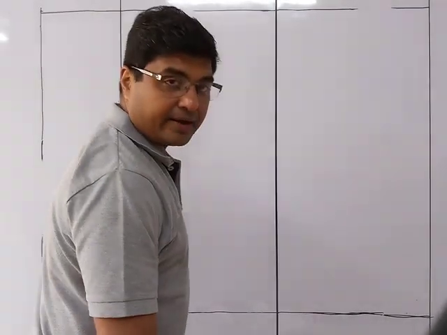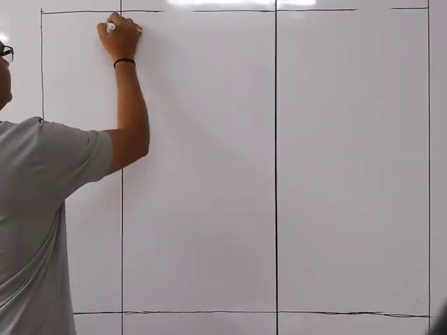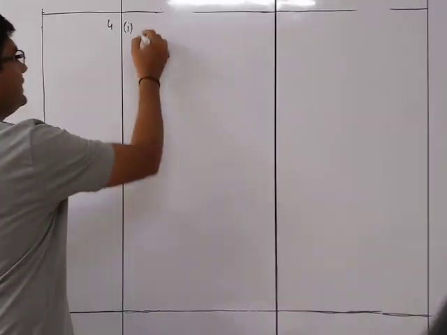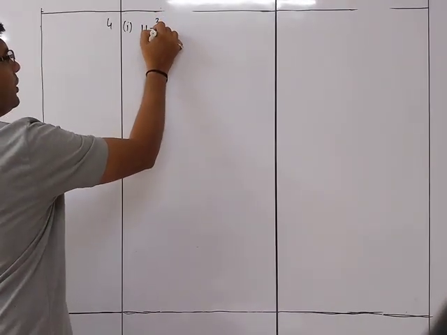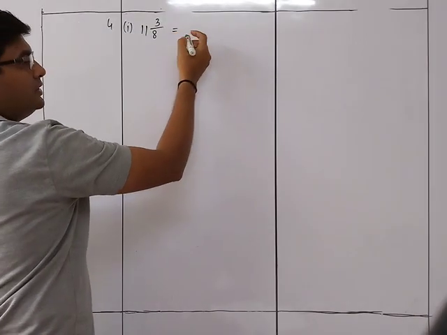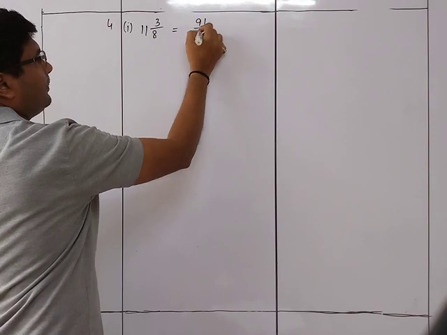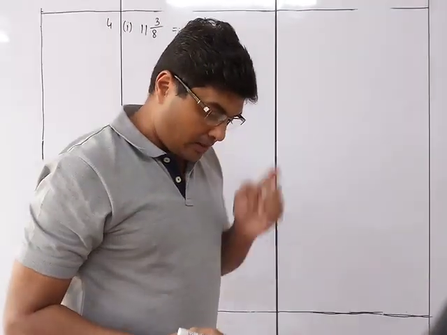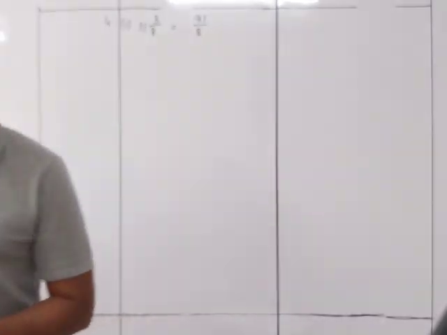Now you have to find out again up to 2 decimal points, but the question here is in fraction. So the question is 11 3 upon 8. This is nothing but 88 plus 3. So it is 91 upon 8. Okay, this is 91 upon 8.